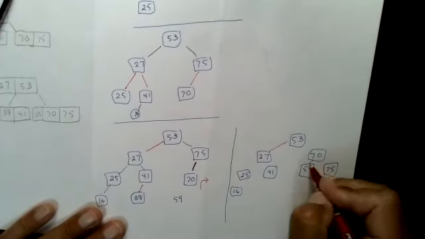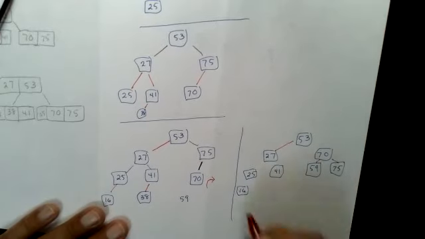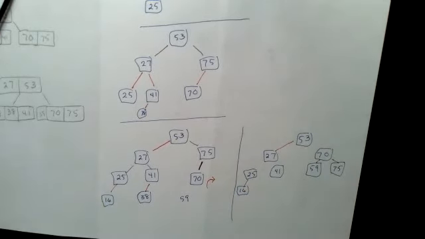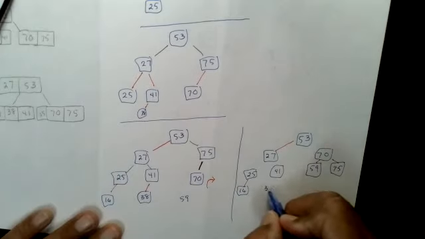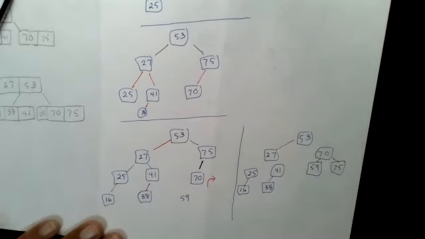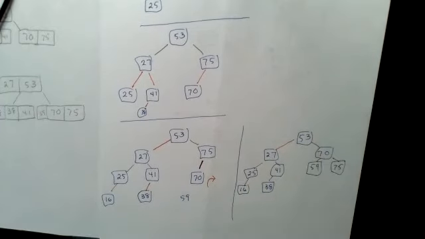I know these guys are siblings. I know that 16 and 25, we have some siblings going on there. I forgot to write the 38. These guys were still siblings, and this was a black, this was a black, and that was a black. And there it is, a red-black tree.